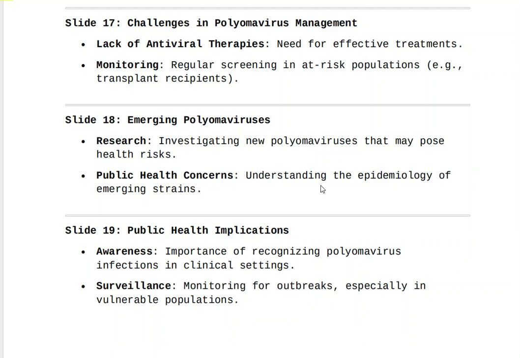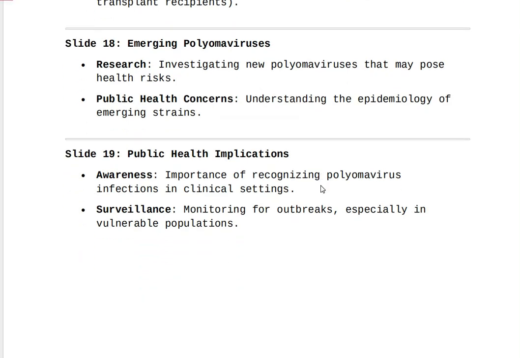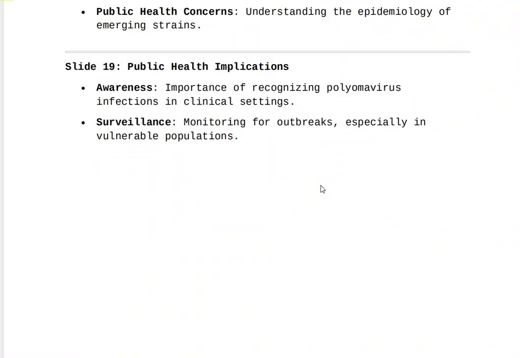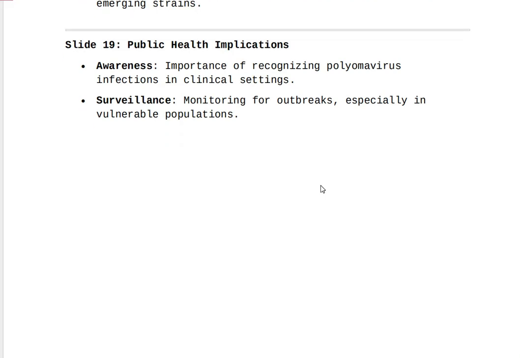Research: we need to investigate polyoma viruses that may pose health risks and understand the epidemiology of the emerging strains. For public health implications, awareness is very important. People should recognize the importance of polyoma virus in the health setting, with surveillance to monitor outbreaks, especially in vulnerable populations.